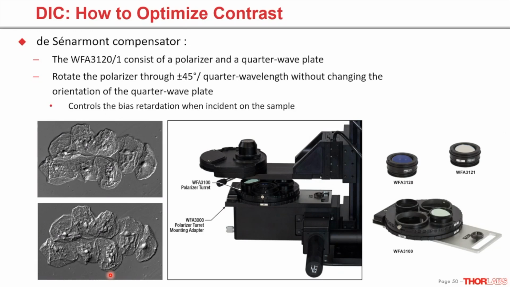One will either delay the E versus the O ray, or the opposite, where the O ray will be delayed versus the E ray, and you can see the shadowing shift in the opposite direction. So up here you have the dark edges on the top and the light edges on the bottom of the image, and in this image the bright edges are on the top and the dark edges are on the bottom. And this allows you to fine-tune to better select the contrast for your specific sample.